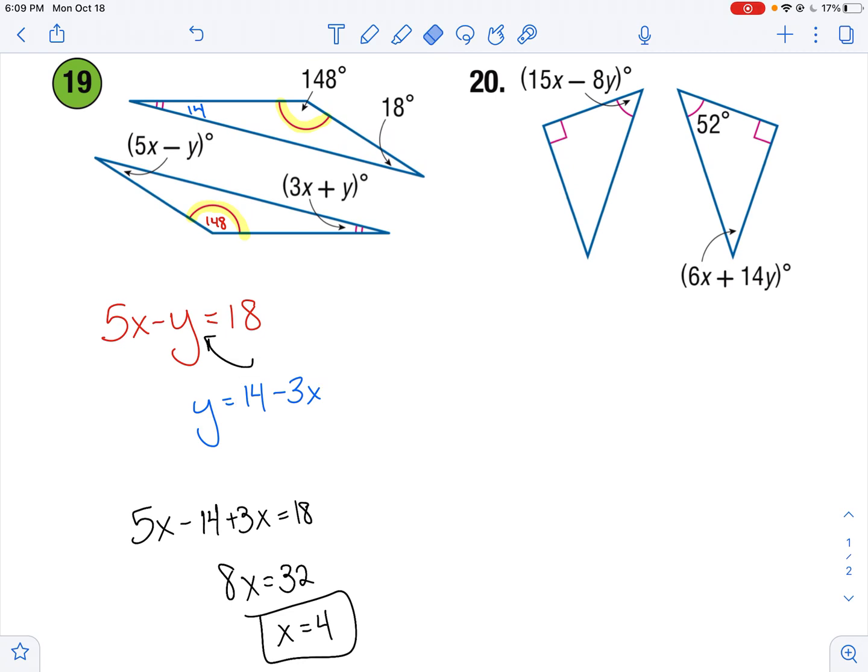And now that I know what x is, I can substitute that back into either one of the equations and simplify to solve for y. So here, y equals 14 minus 3 times 4, 14 minus 12, y equals 2.